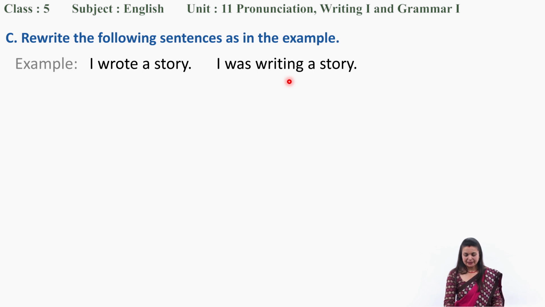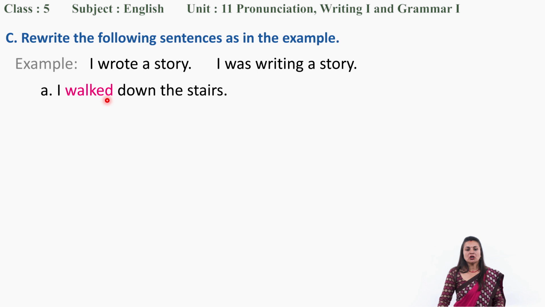So let's see the another sentence A. I walked down the stairs. Now walked is highlighted here. Now you have to change this verb 2 into the past continuous. Okay? So how can you change it? Can you tell me? Yes, I. Okay, after that?